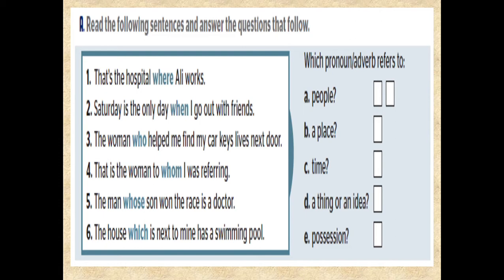So the pronoun which is used to refer to people is in number 3. The woman who helped me find my car keys lives next door. Sentence number 4 as well refers to people. That is the woman to whom I was referring. So you can use whom for people.